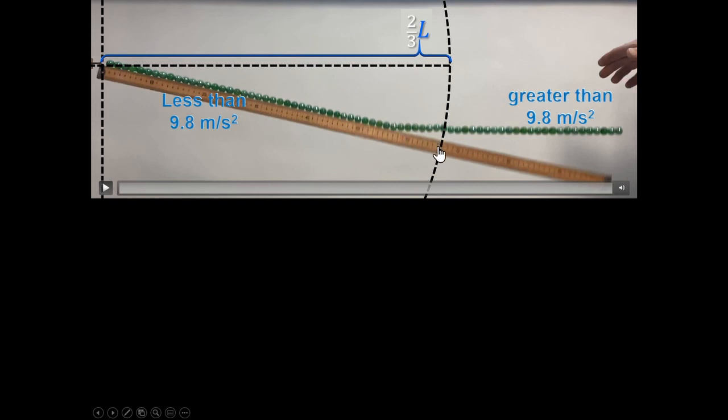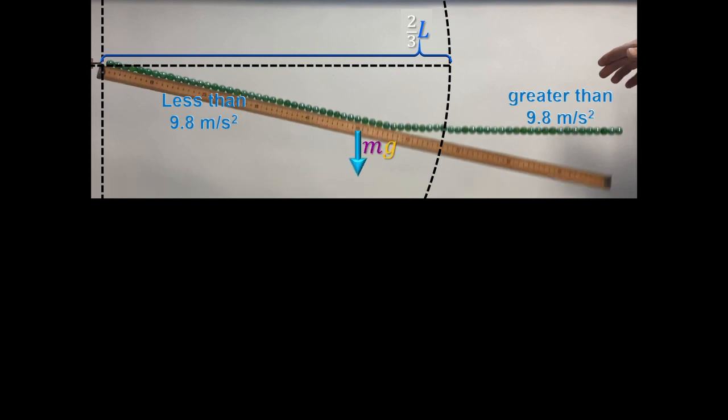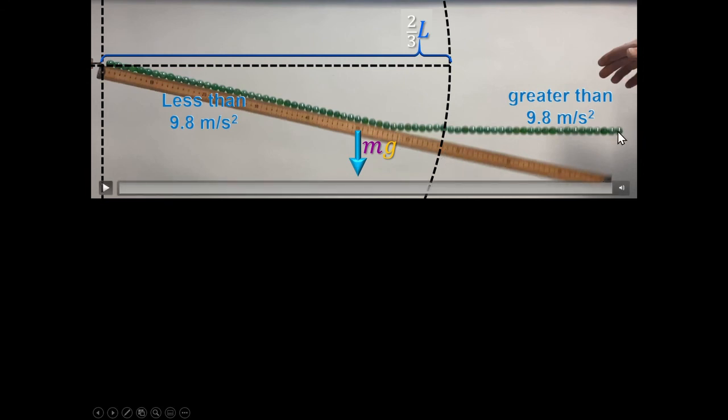Now, I predicted that this spot, 66.6 centimeters, would be falling as fast as gravity, but it looks like about right here is the transition between those two. And the reason is we assumed that the center of gravity was right there at 50 centimeters. And that's true if we were looking at just the meter stick. And it was true when all those balls were touching the meter stick up at the top here.